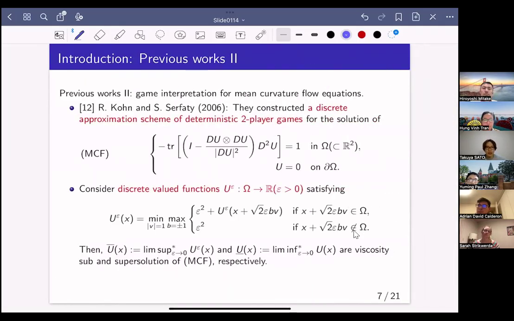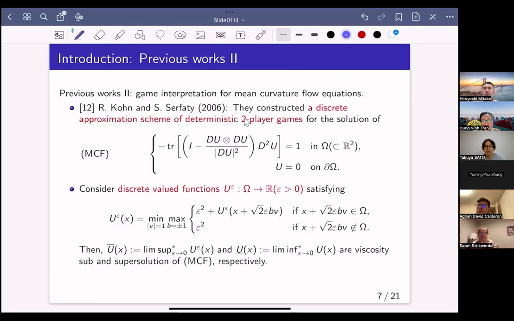Yes, for the second order case, we need to use some discrete approximation to get an interpretation by using a game. So this is a second previous work that I want to explain.